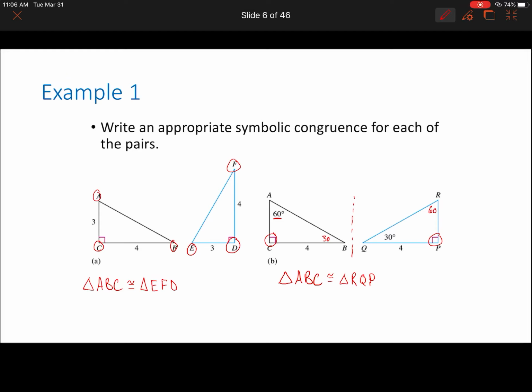Now, if you wanted to call triangle ABC triangle CAB, well, you could do that, but then again, you'd have to reorganize your letters for the second triangle. And so again, you can call it different stuff, but you just have to keep corresponding parts in the same order.